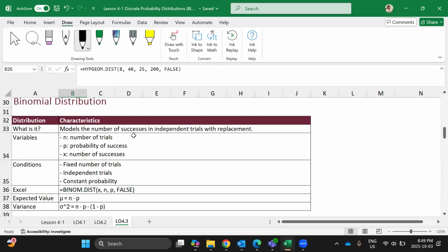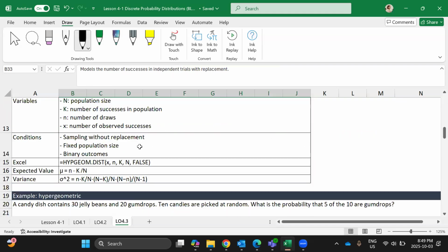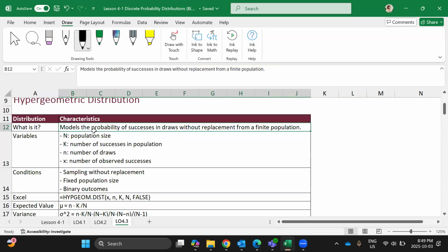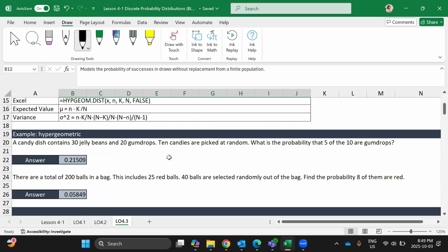The binomial distribution is important in statistics because it occurs very frequently. The binomial distribution is different than the hypergeometric because it's the number of successes with replacement. So, with the hypergeometric distribution, it was the number of successes when we had without replacement.